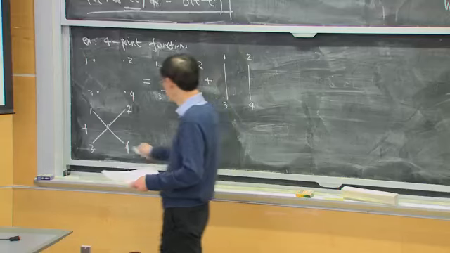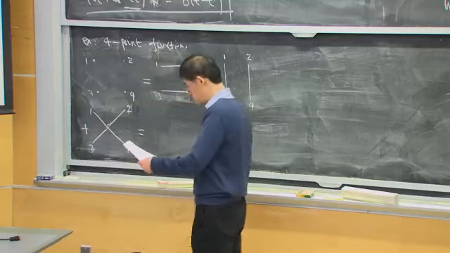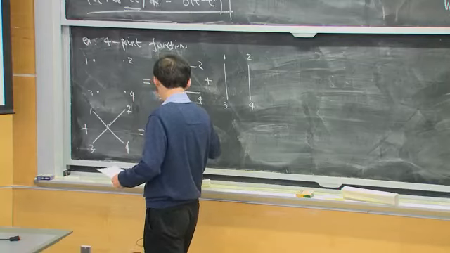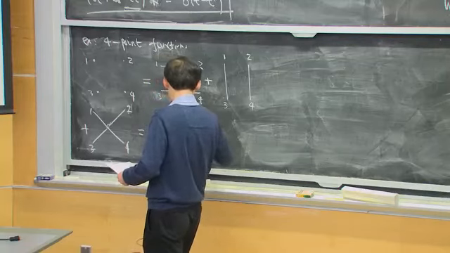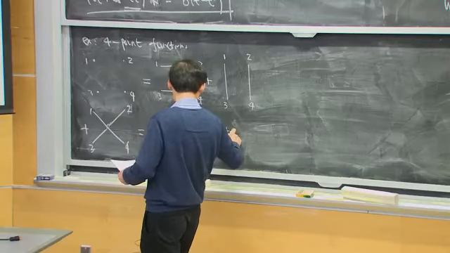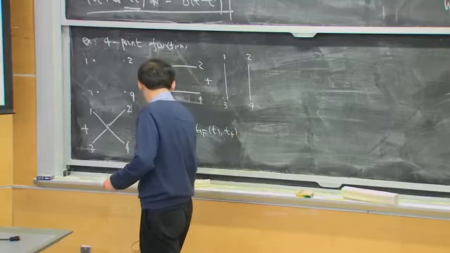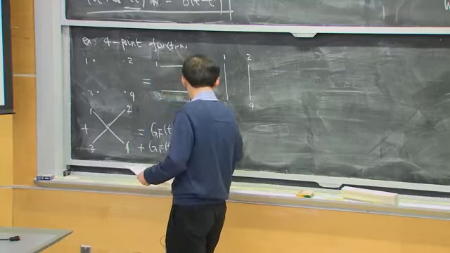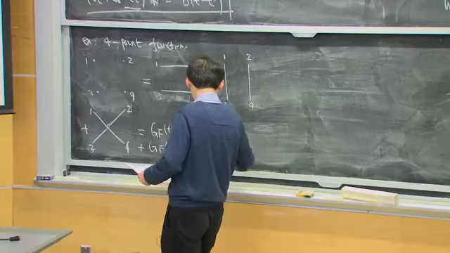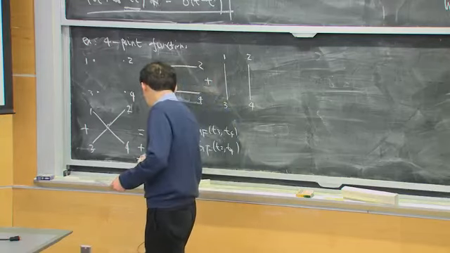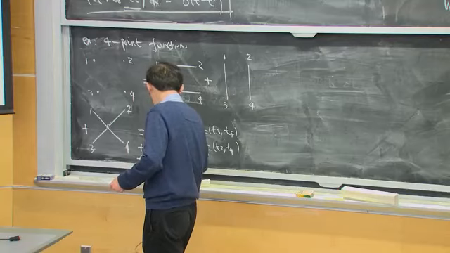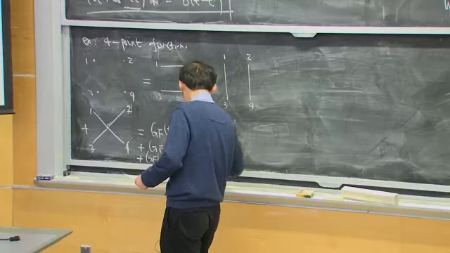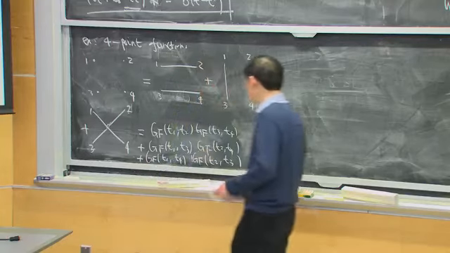If I write it in terms of expressions, then I have GF(t1, t2) GF(t3, t4), plus GF(t1, t3) GF(t2, t4), plus GF(t1, t4) GF(t2, t3).